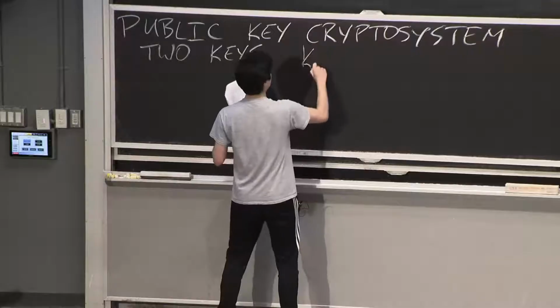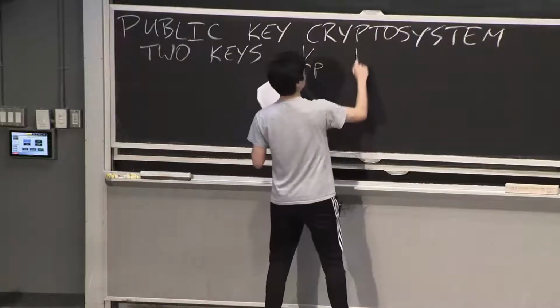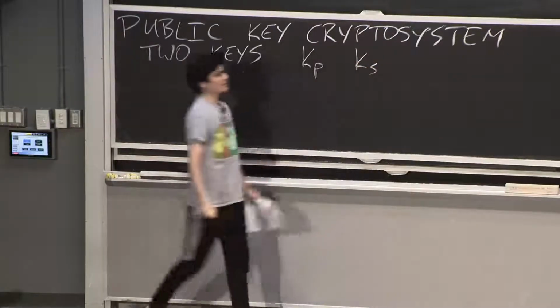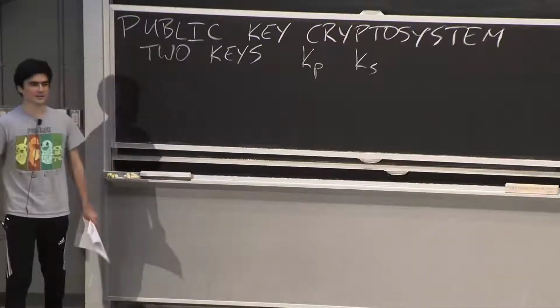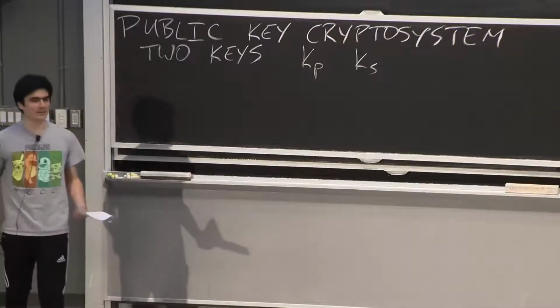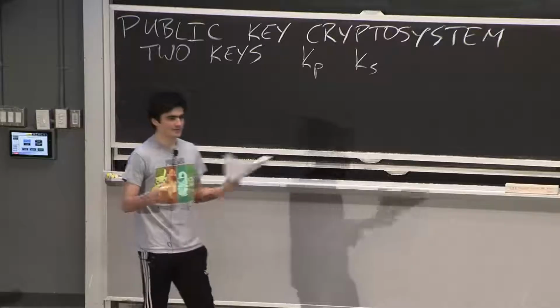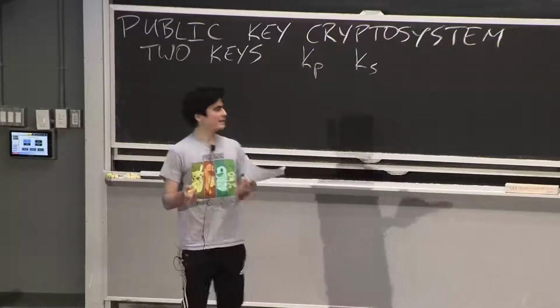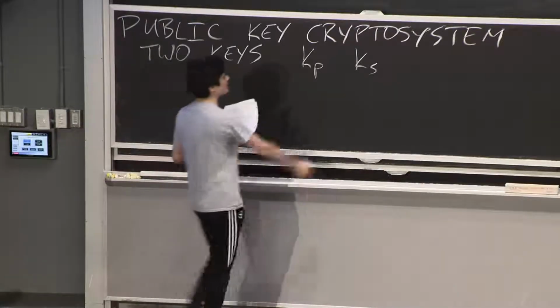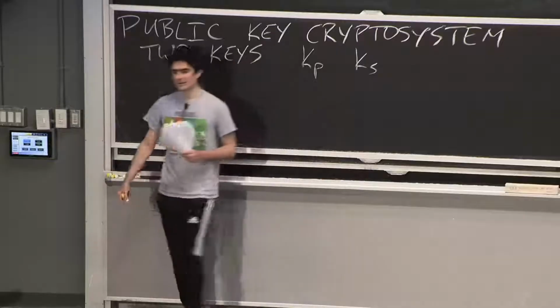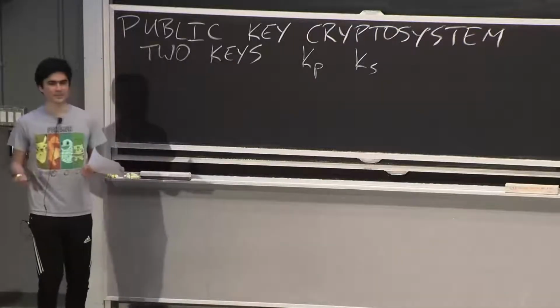Let's call them KP and KS. KP is going to be a public key, which everybody can see, and it's paired with the secret key, KS, which you keep to yourself.